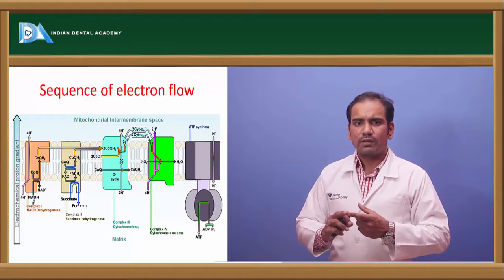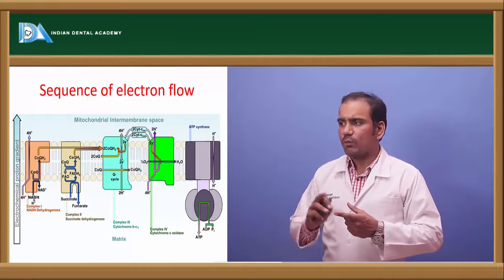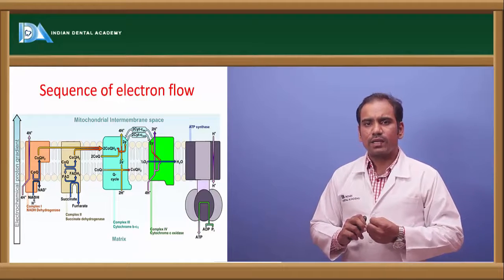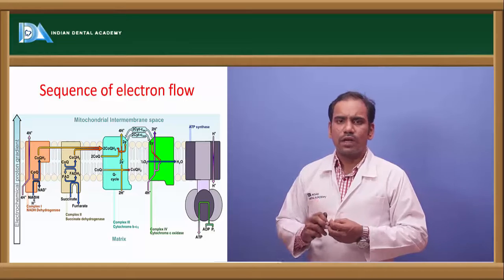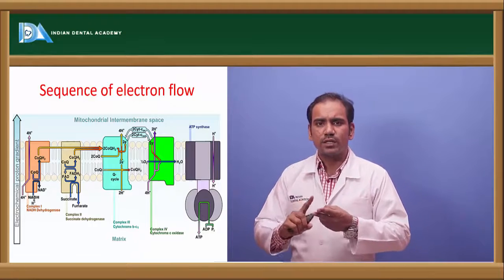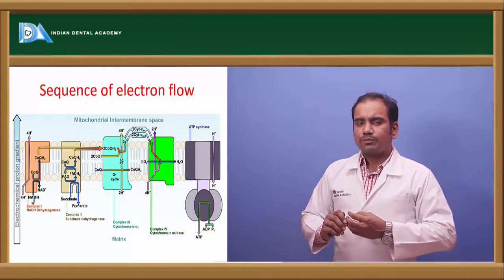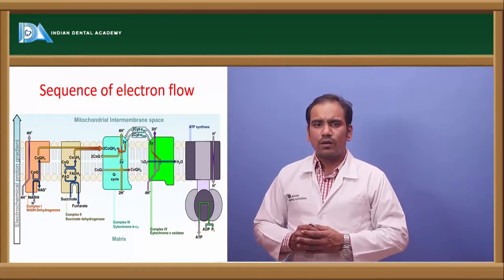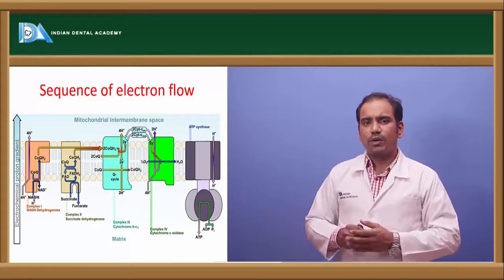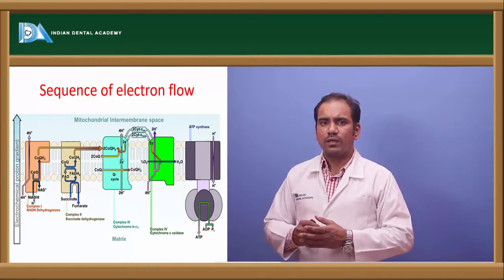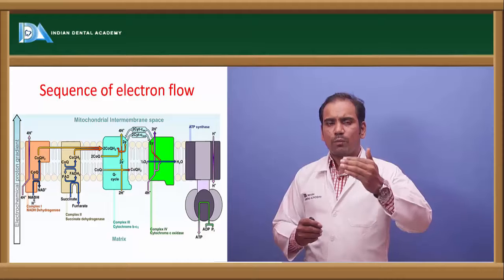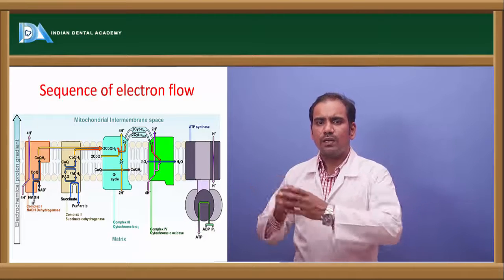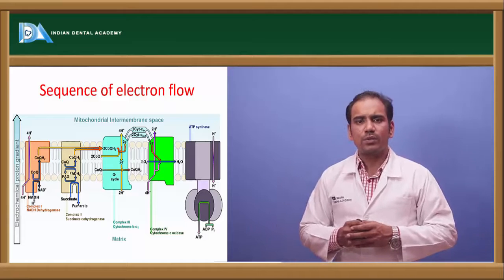So NADH donates electrons through complex 1, and FADH2 transfers electrons through complex 2. Electrons from complex 1 and complex 2 are carried to complex 3 by a mobile component called coenzyme Q.